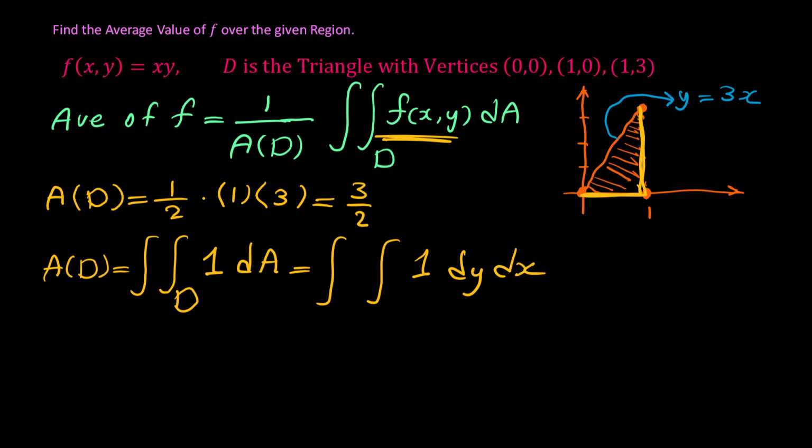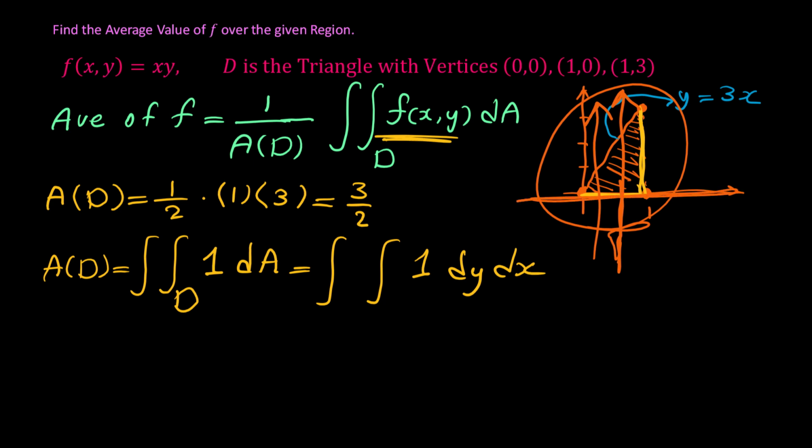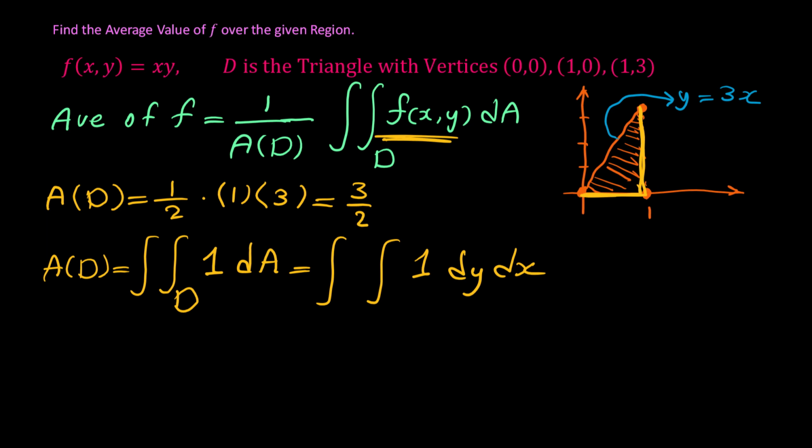By looking at this triangle, you can see that if you draw vertical vectors like this, y starts from 0. This line is y equals 0. So the lower bound for y is 0. And the upper bound, please pay attention, let me draw this again.